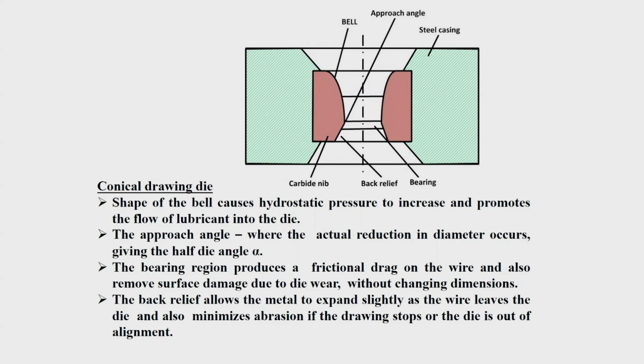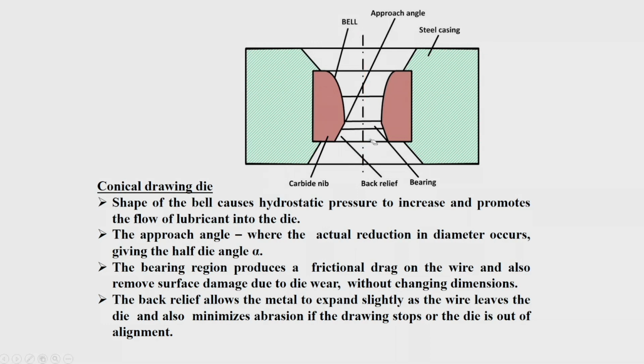You call it carbide. This part we can easily take out and replace with another die if we want. That is the biggest advantage of this. It just rests in there. The metal fills this area and moves in this direction, resting on the steel casing.